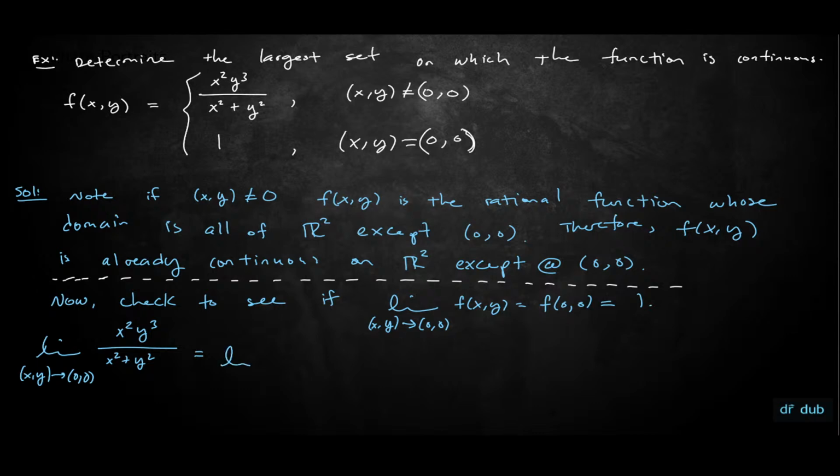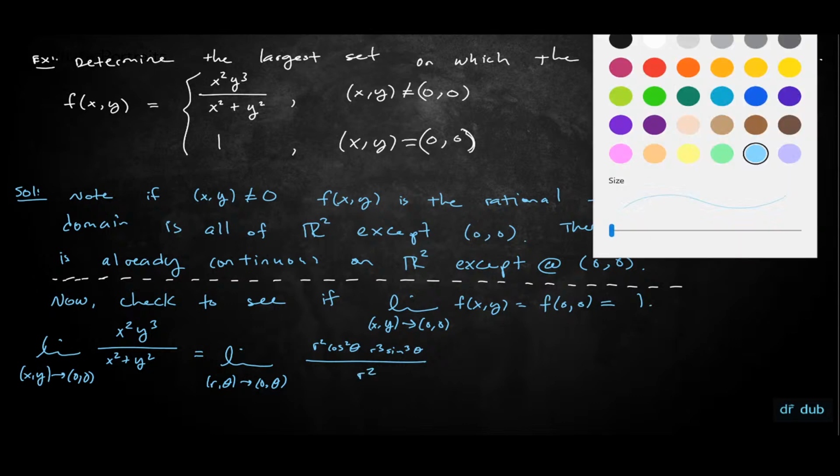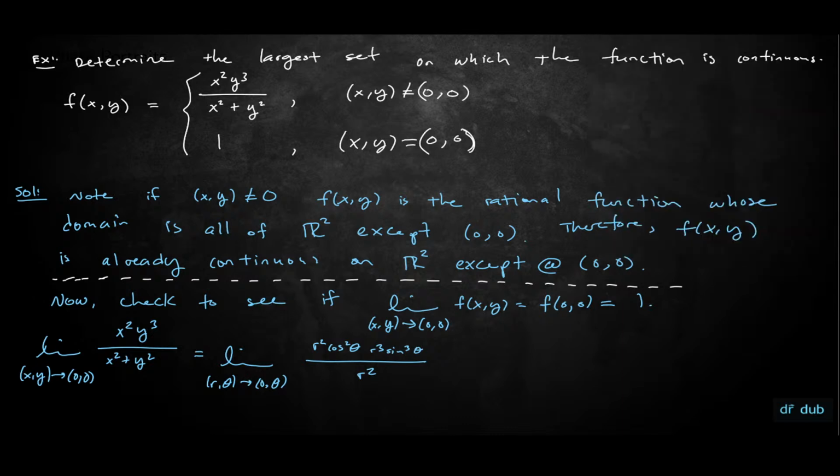So this is going to be the limit as (r, theta) goes to (0, theta). And that's going to be r squared cosine squared theta times r cubed sine cubed theta all over r squared. So what's going to cancel here is this r squared.